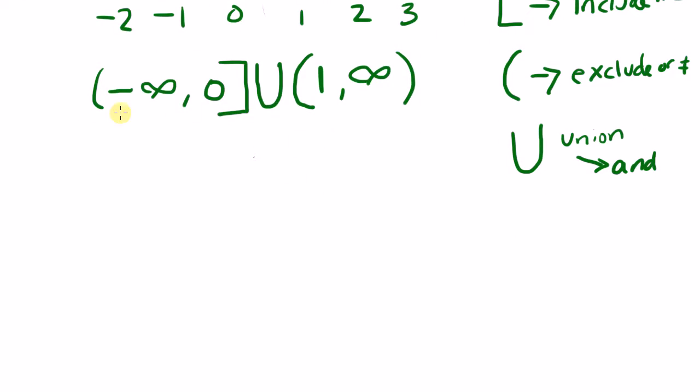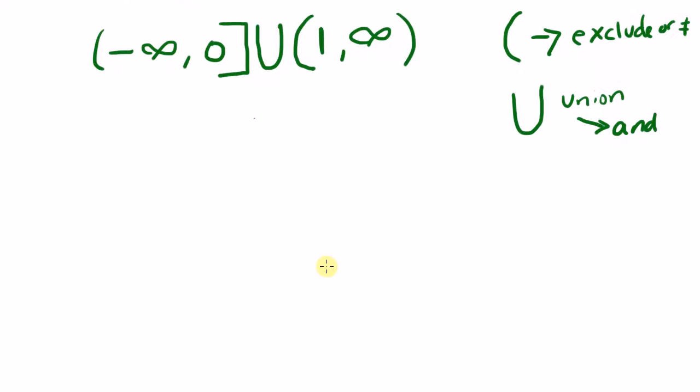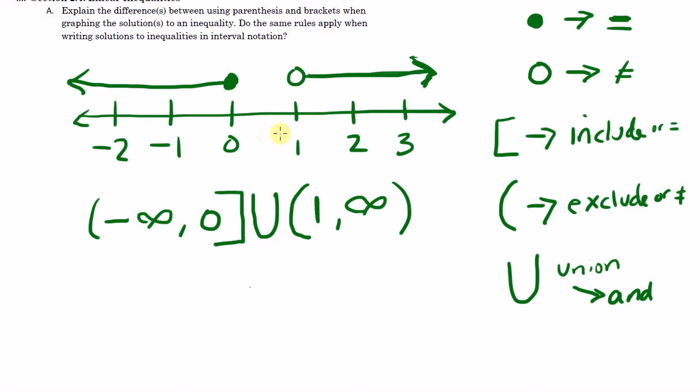So if I was reading this, I would say the solution set is from negative infinity to 0, including 0, union, or and, from 1, excluding 1, to infinity. I hope that makes sense. And if it doesn't, that's fine, because we're going to do a whole bunch of stuff with inequalities in the videos coming up, and you'll start to see how we graph the solutions.